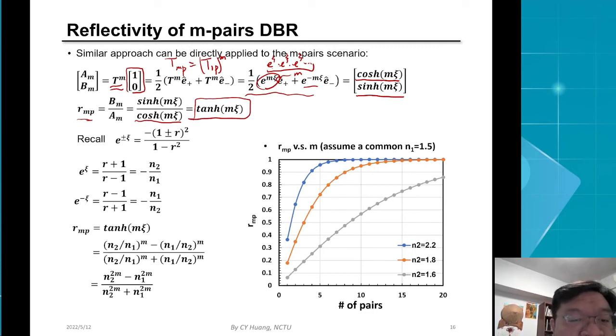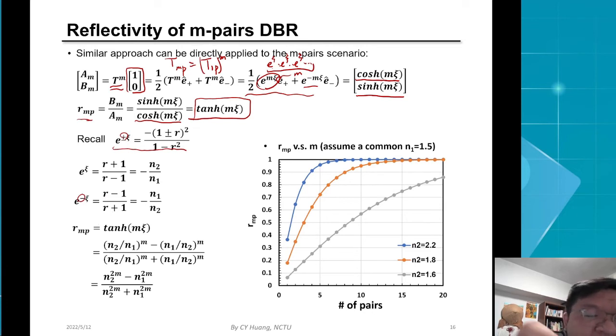And recall we have the exponential plus minus relation here, and we further deduce that for the plus term, it will actually be r plus 1 divided by r minus 1. For the minus term, it will be r minus 1 divided by r plus 1.